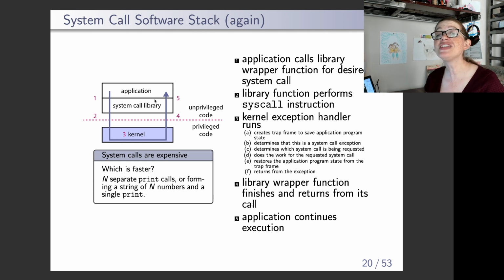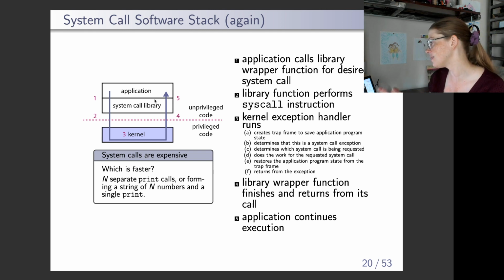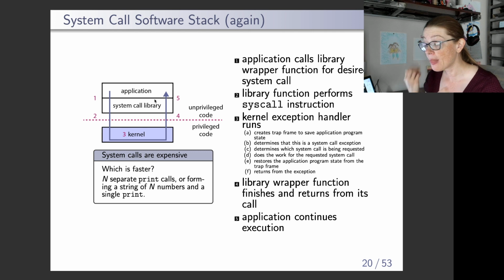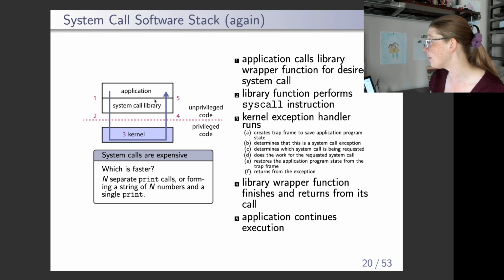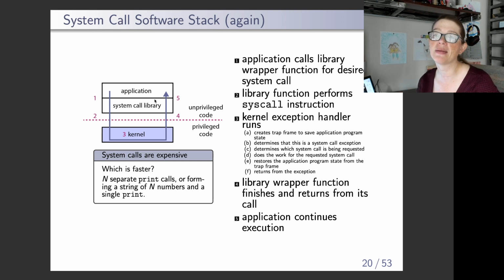Now, how does it return values? When sysfork returns, you'll note that the parent and the child get returned two very different things. The parent gets returned the child's PID, and the child gets returned 0. And how do you return something from the kernel back to the user program? Well, the standard way of doing this is to use registers V0 and A3.